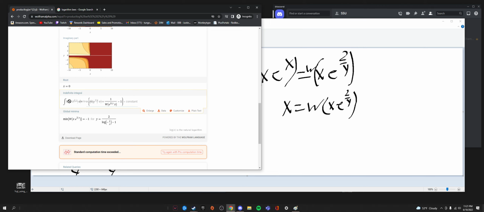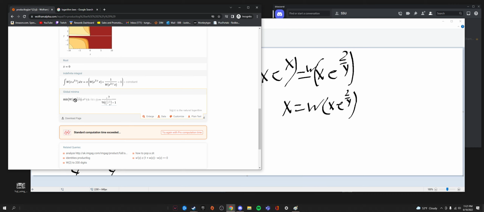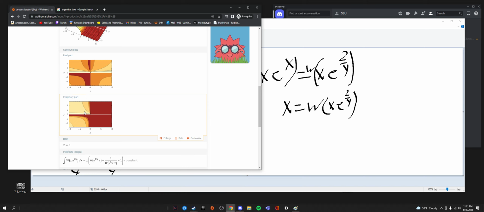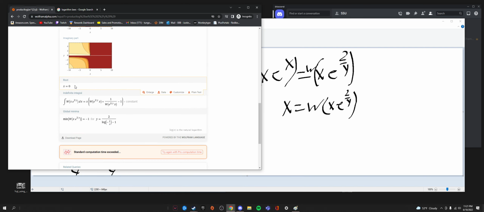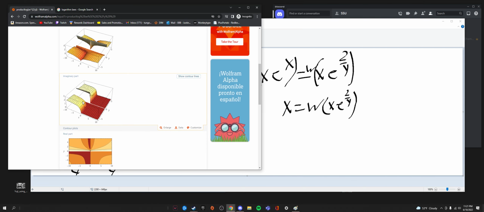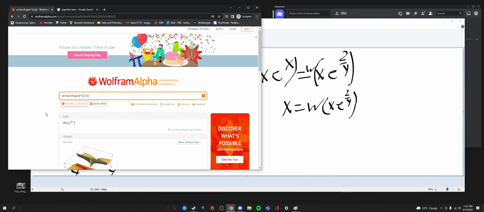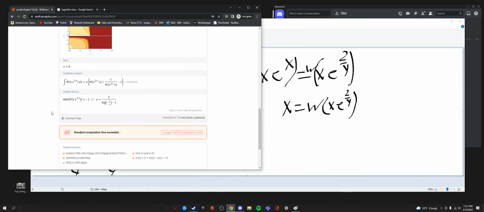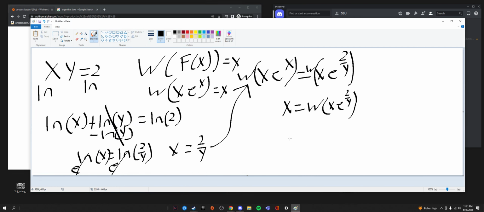We get this indefinite integral, we get our global minima, we get some imaginary part contour lines, and we get that there is a root at x equals 0, so it touches the origin, but we don't actually get any numerical value for what x and y are equal to, because what I did is basically all useless, and anyone seeing this could say a bunch of solutions for x times y is equal to 2.